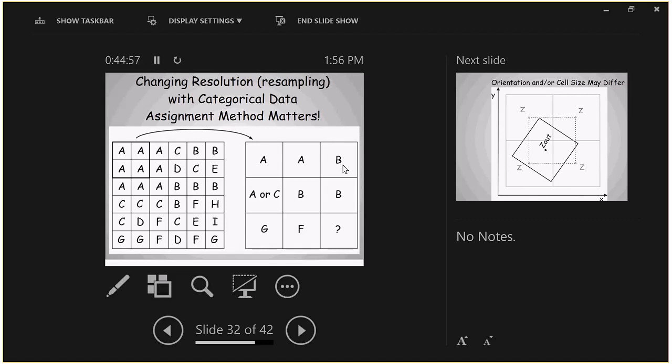All of this data, all those are A's, so that's an A. Well, 2 of these are A's, so it's the majority, so that could be an A. 2 of these are B's, so that can be a B. What about right here? Half of the values inside of here are A and half of them are C. So in the output, we could get A or C. So the GIS system has to come up with a way to solve that.